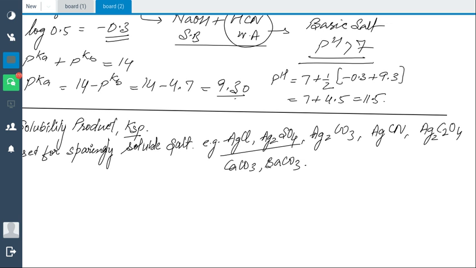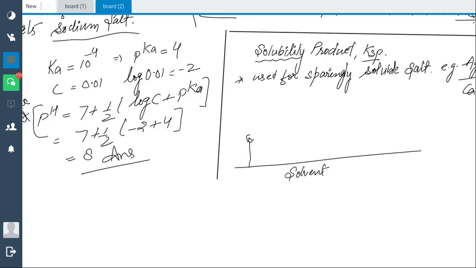Now see, what do you mean by the term solubility? Let me explain this. See, this is a pure solvent. When you add some salt into it, it has got some amount of concentration which we call ionic concentration. Agreed? Okay. Secondly, you keep on adding till the solution becomes saturated.